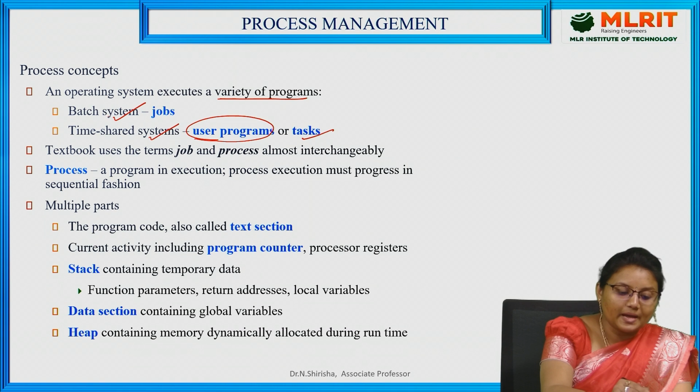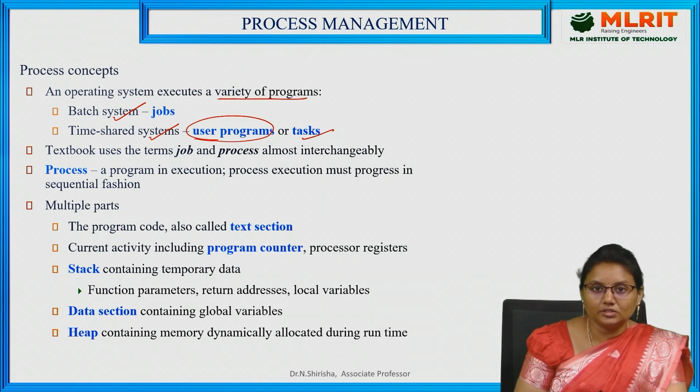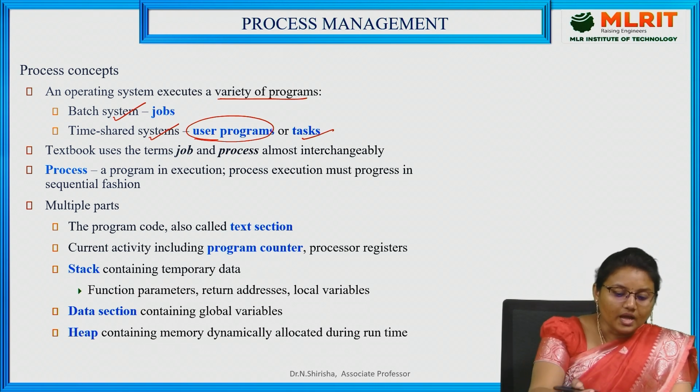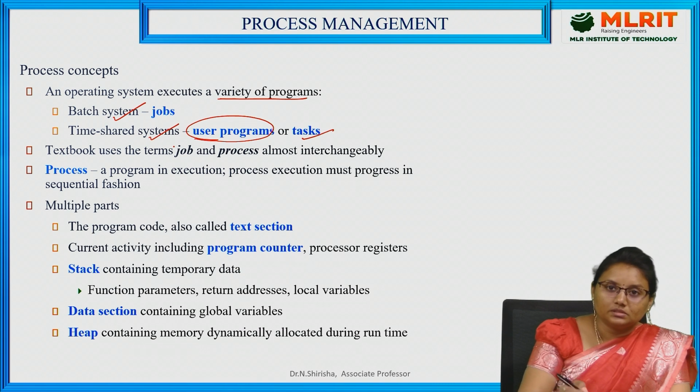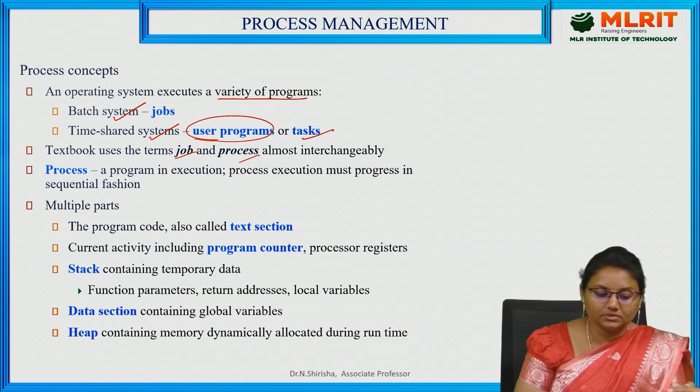If it is a batch system, we call it a job. If it is a time shared system, we call it a user program. Only the terminology differs, but both are processes only. And the Galvin textbook we are using follows job and process almost interchangeably, but the scenario is the same. We are talking about the process itself.